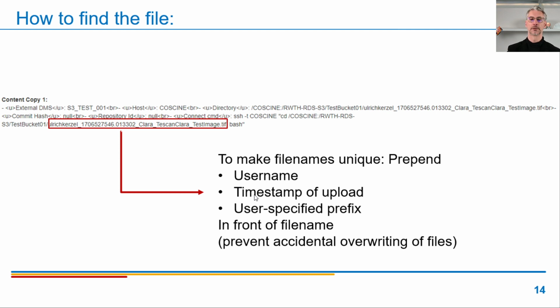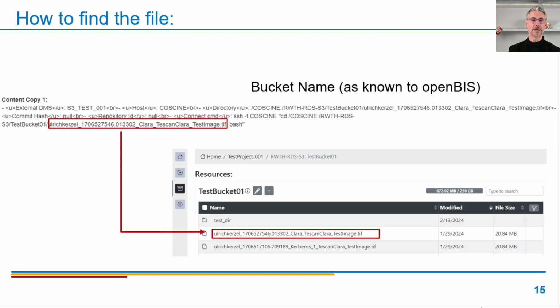This is a good common practice to have a user-specified prefix as well that is somewhat related. Of course, that's redundant information, it's just a safety measure. So if you then look at the Cosine bucket, the S3 bucket, we can see here the file has been uploaded automatically and, as we've seen previously, linked to OpenBIS.